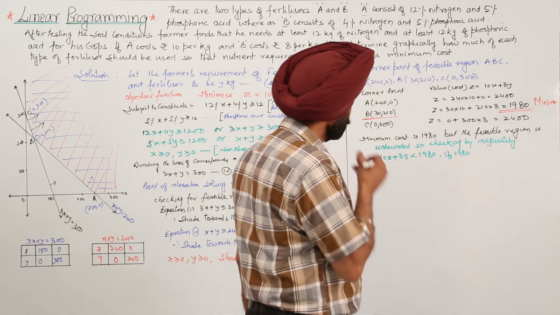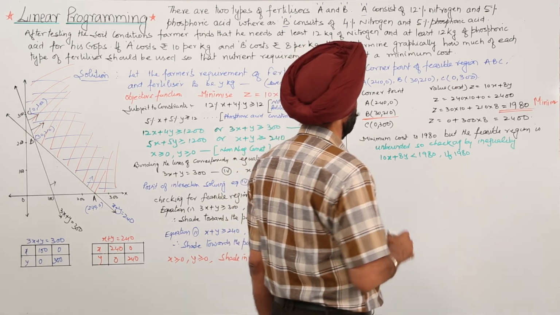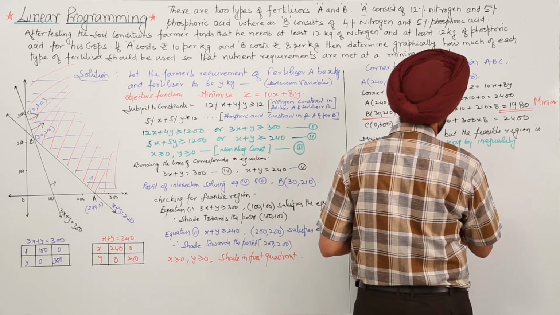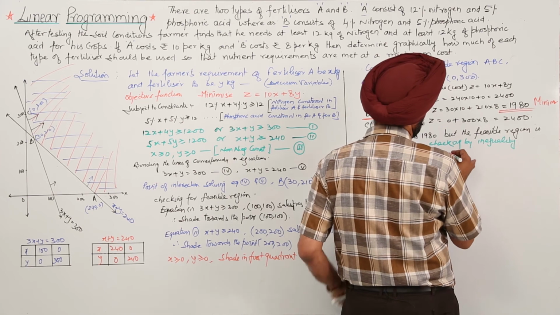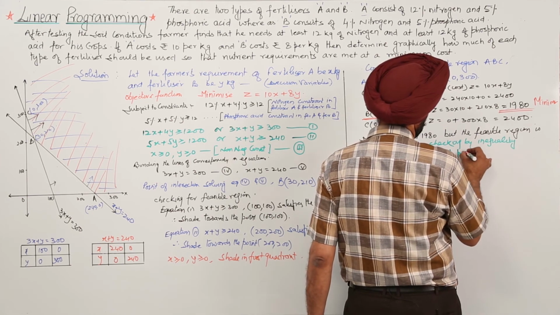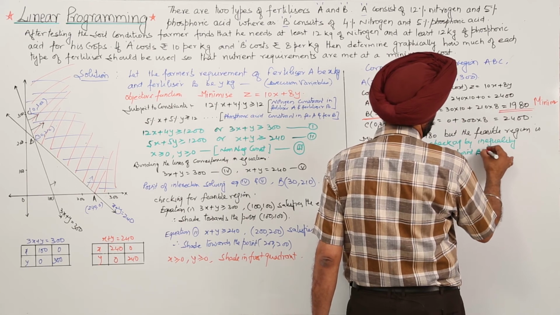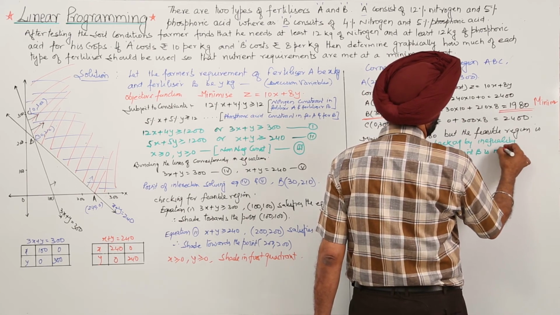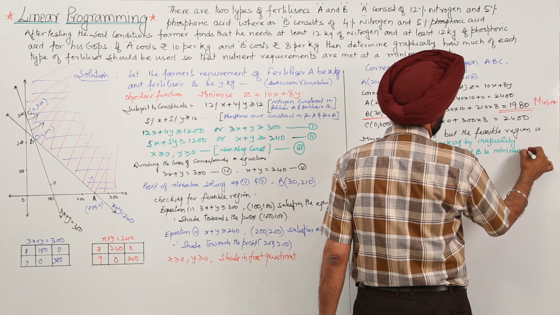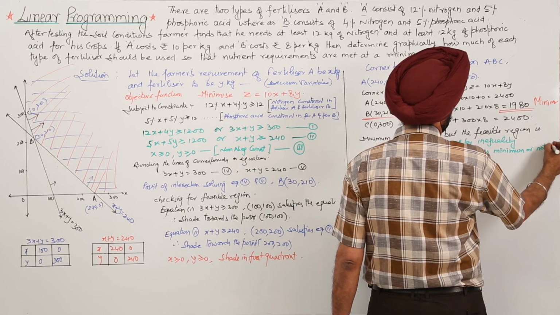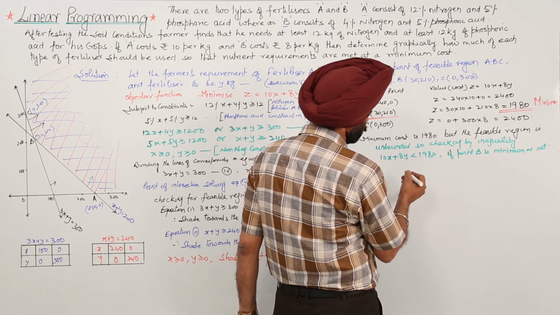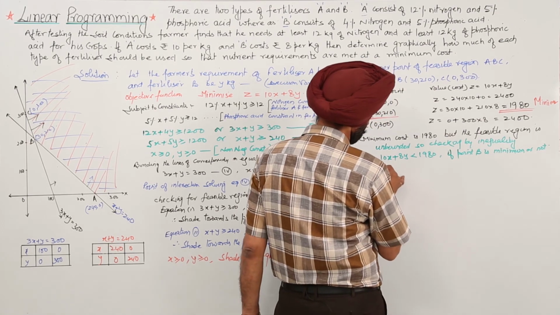Check unbounded. So checking by the inequality 10x plus 8y, if point B is minimum or not.